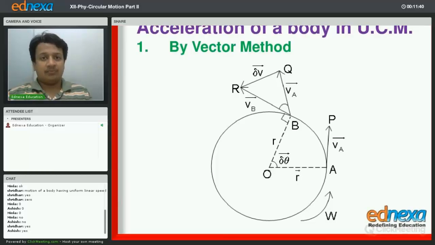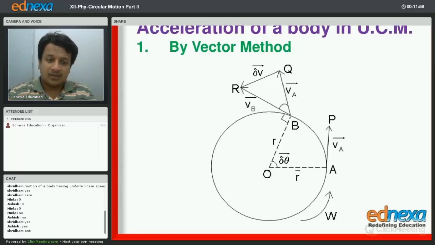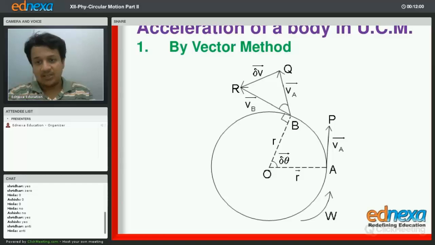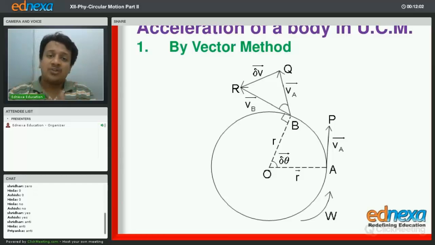Consider an object which is at point A. After some time, that object is performing which motion? Circular motion, UCM. In which sense? Clockwise or anti-clockwise? It is shown in the diagram. Yes, anti-clockwise. So consider an object performing UCM in anti-clockwise sense.